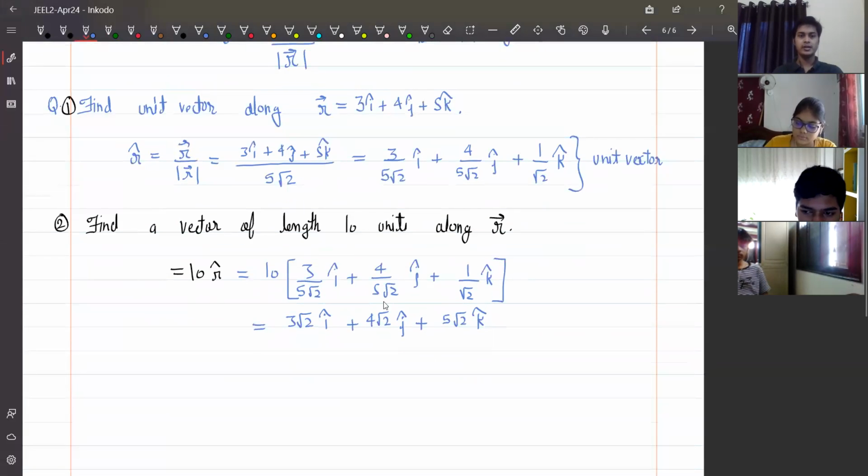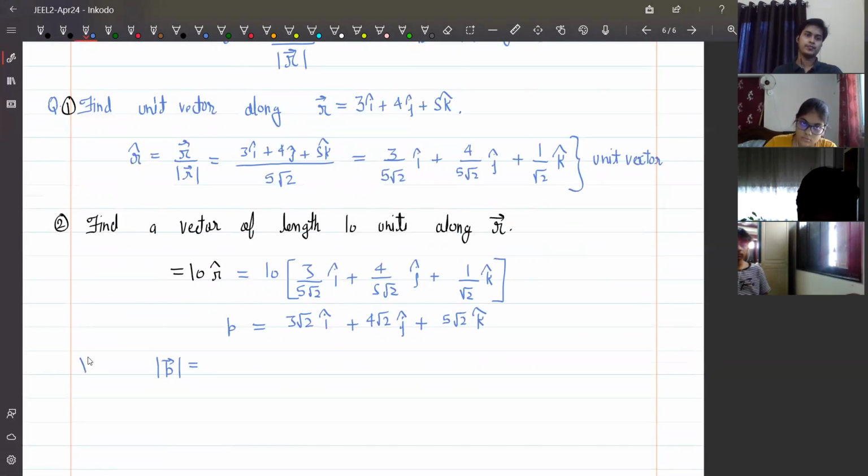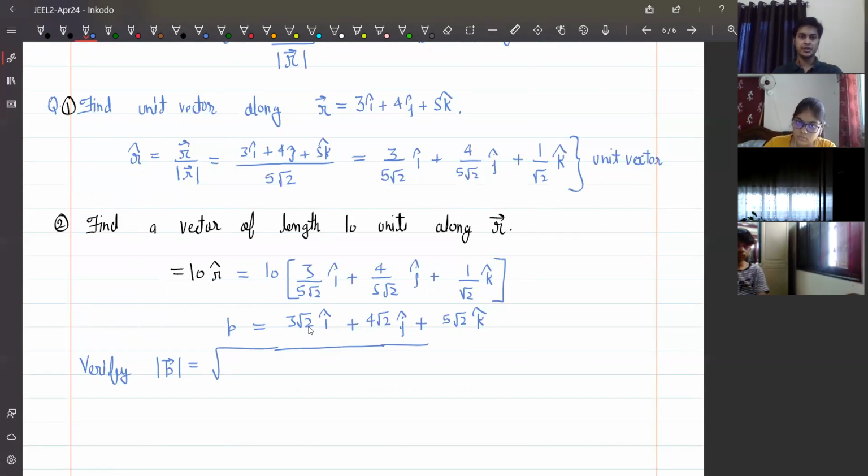If you want to verify, you can just verify this. You can find mod of P. Mod of P will be square of this, 3 3s are 9, 2s are 18. Square of this, 4 4s are 16, 2s are 32. Square of this, 5 5s are 25, 2s are 50.